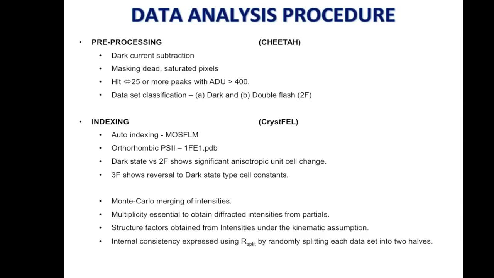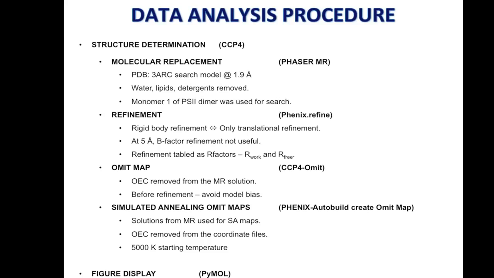Then typically at this point, you can do certain internal consistency checking, for example by dividing the data set into 2 halves and seeing whether they still give consistent data within a particular amount of error. And once you do that, you go to the actual structure determination, where you use these intensities, couple them with phases obtained from existing models, and then try to make meaning out of it.